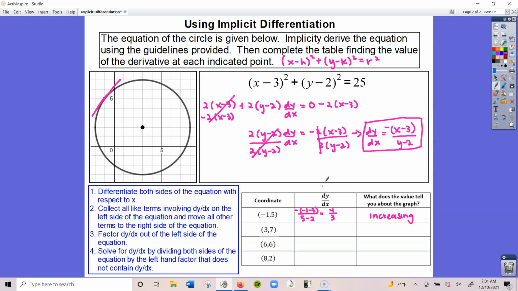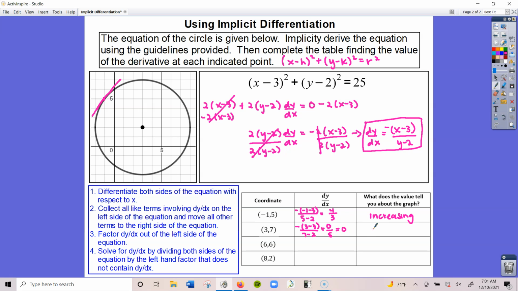If I take (3, 7) and I plug it into my derivative, I get -(3 - 3)/(7 - 2). So again, since we have a coordinate, we got to make sure that we plug in the x where the x is and the y where the y is. And this is going to give me 0/5, which is 0.